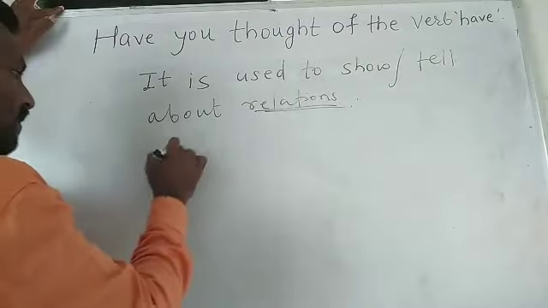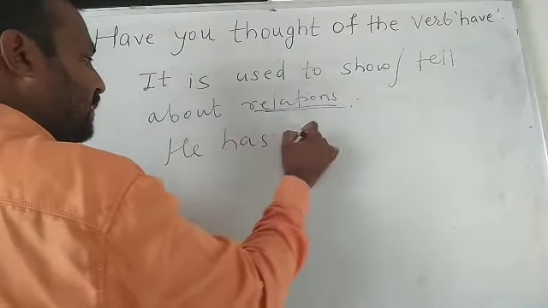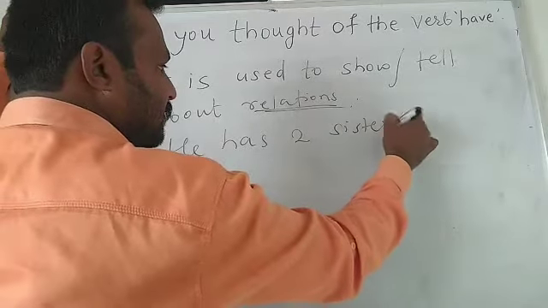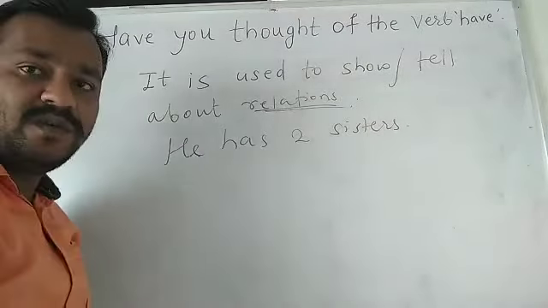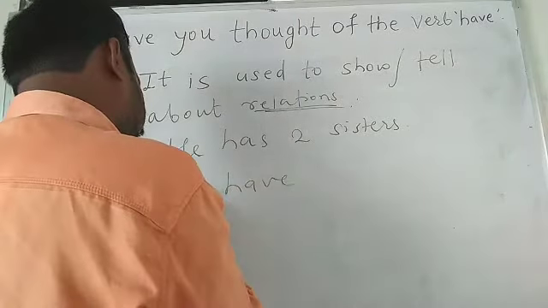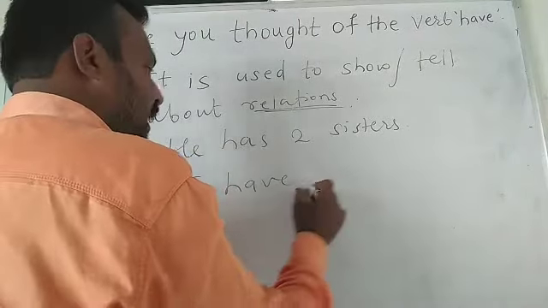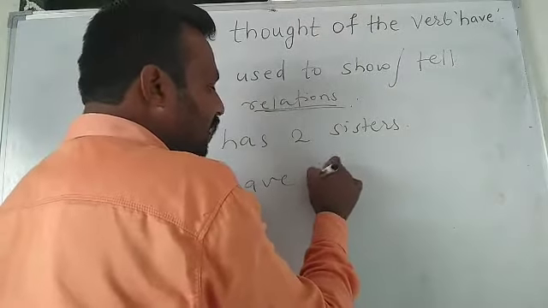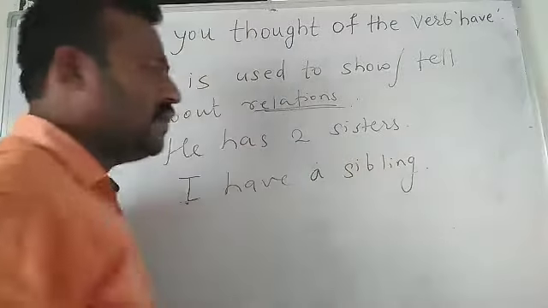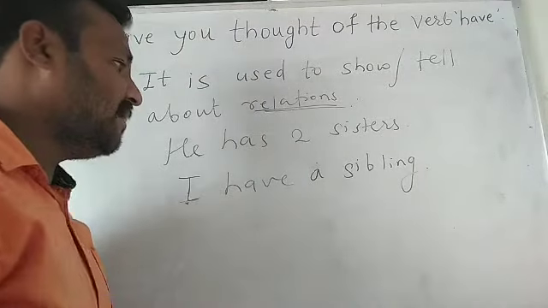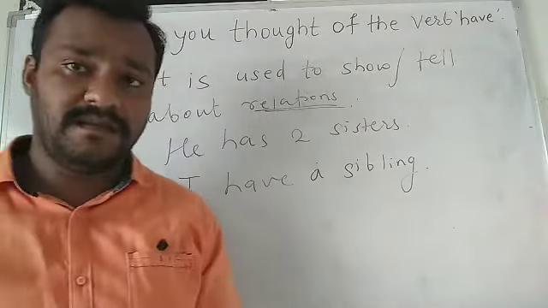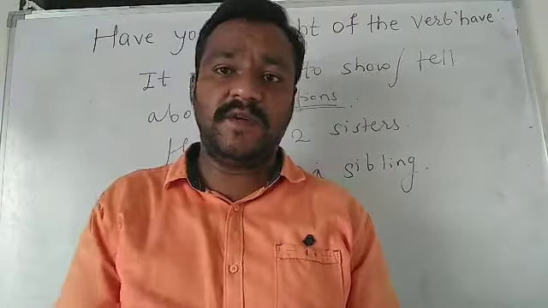For example, he has two sisters. I have a sibling. Sibling in the sense brother or sister, isn't it? So in this way, there are different uses of to have forms.